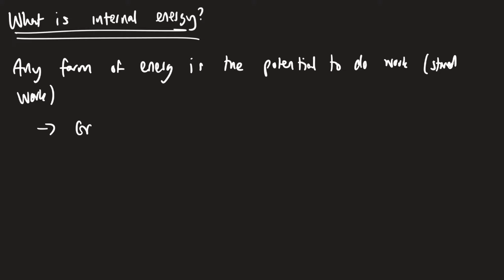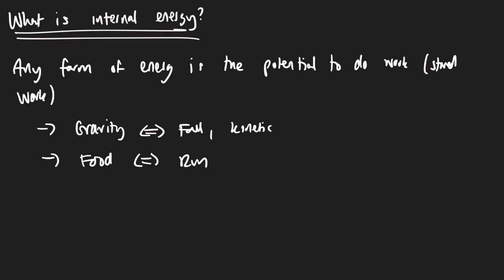So gravity is the potential to fall, which is kinetic energy. Food is the potential to run, so kinetic again. And so on and so on. We can think about all these different forms of stored work.